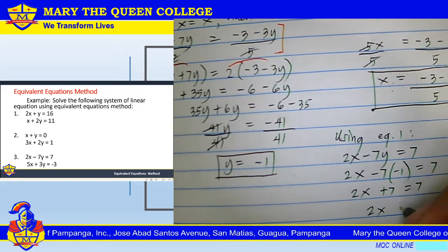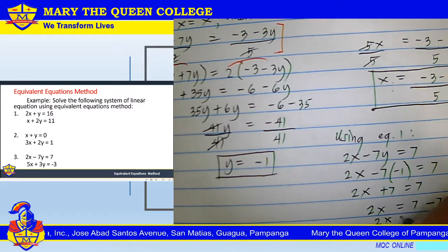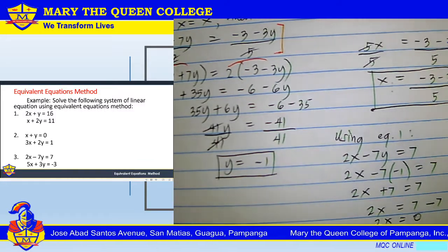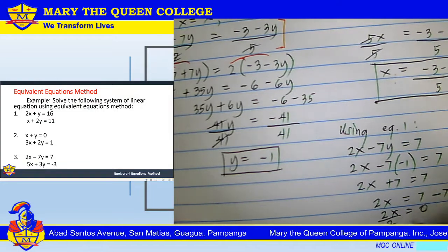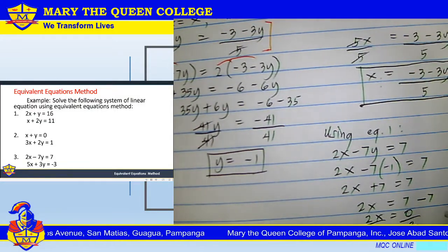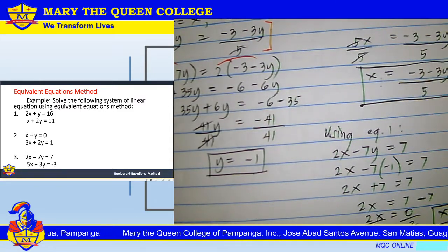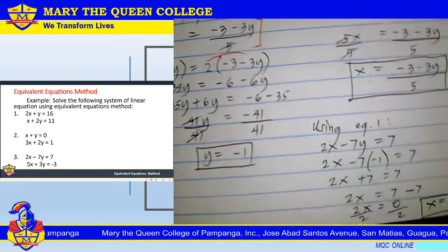So, 2x is equal to 7 minus 7. So, 2x is equal to 0. Okay? Divide 2 natin yan both sides. So, we have x is equal to 0. So, ganun lang po yan.